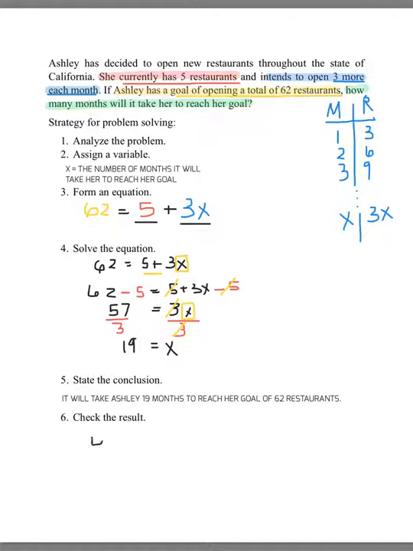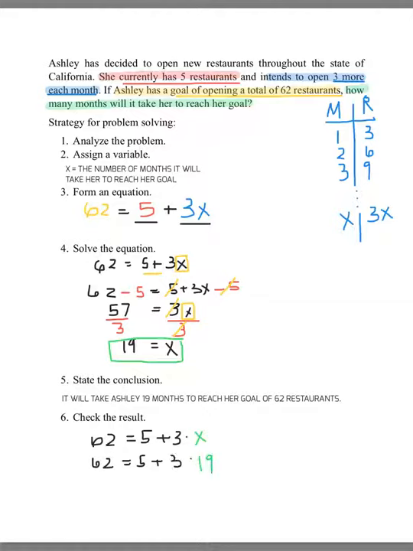So we'll have 62 is equal to 5 plus 3 times x. We'll go ahead and color code x in green. However, we know that x is equal to 19, so we're going to substitute that in, and we end up with 62 is equal to 5 plus 3 times 19.